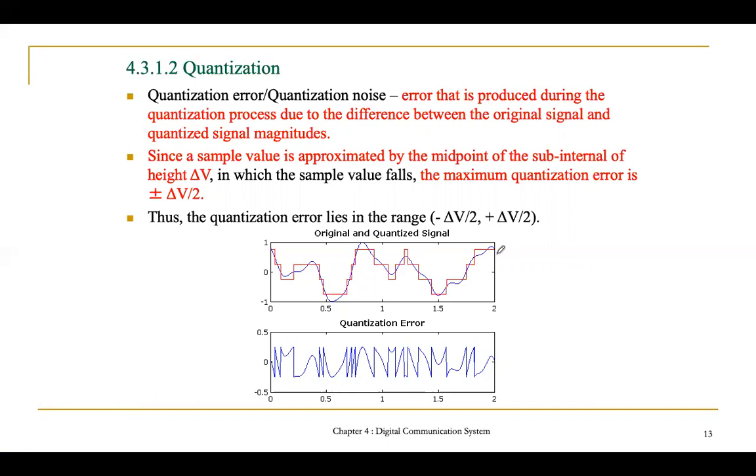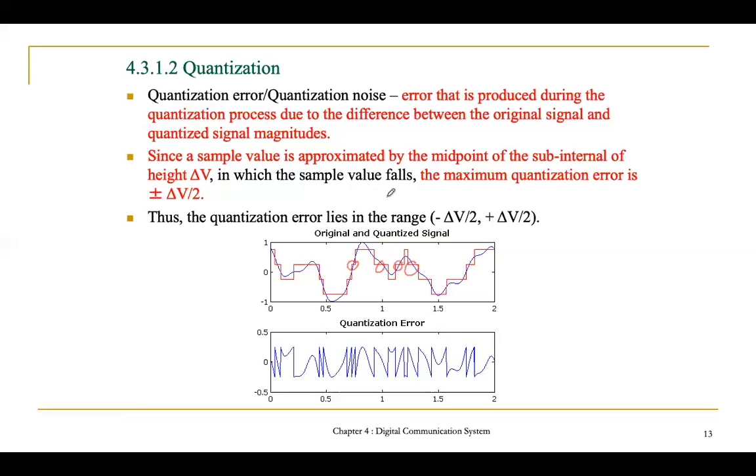And since a sample value is approximated by the midpoint of the sub-interval of the height delta V, then the maximum quantization error is plus minus delta V over 2. Okay, so what it means is that you can see that the value here of the quantizing, it takes the middle value.